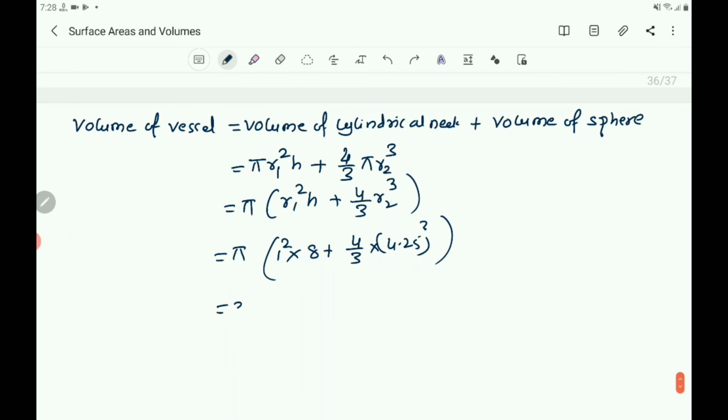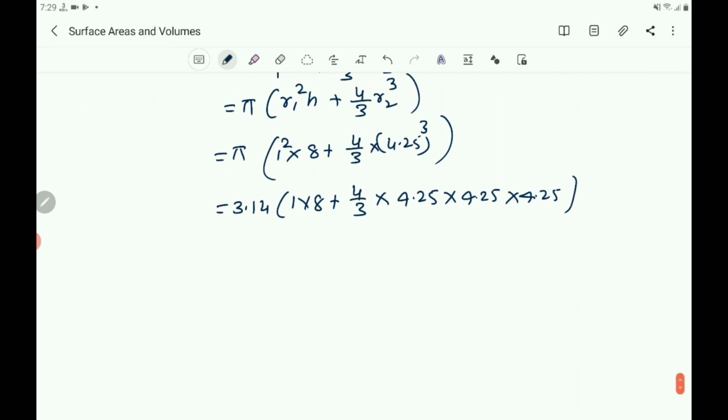So you write 3.14 into 1 square, which is 1, into 8 plus 4 by 3 into 4.25 whole cube, that means 4.25 into 4.25 into 4.25.